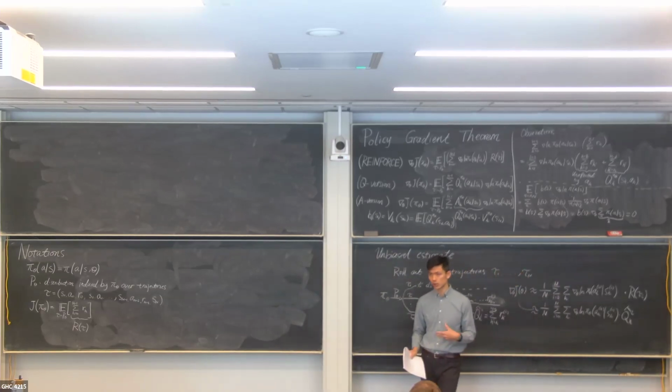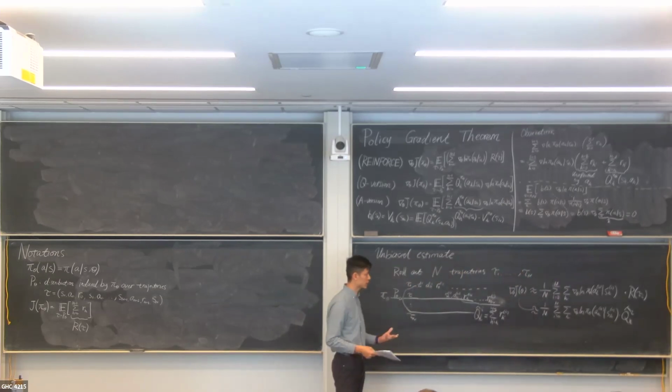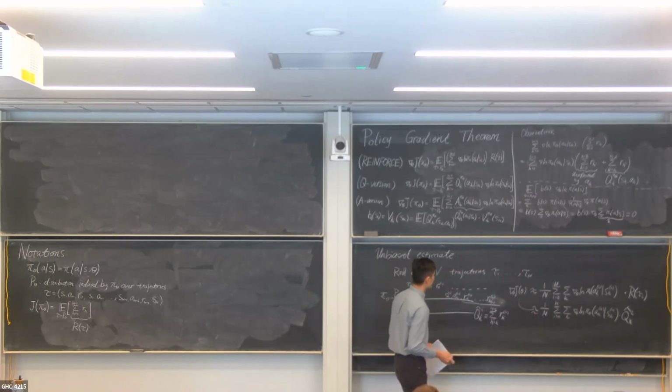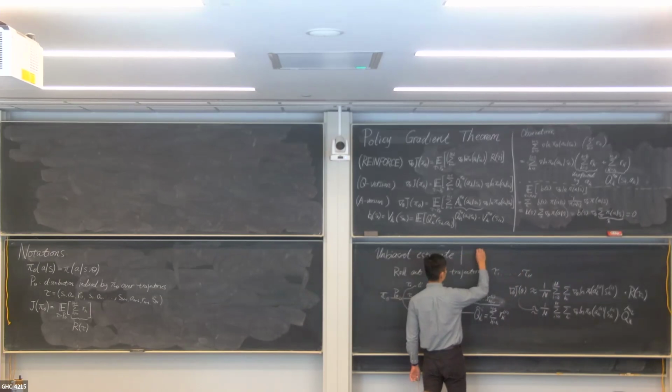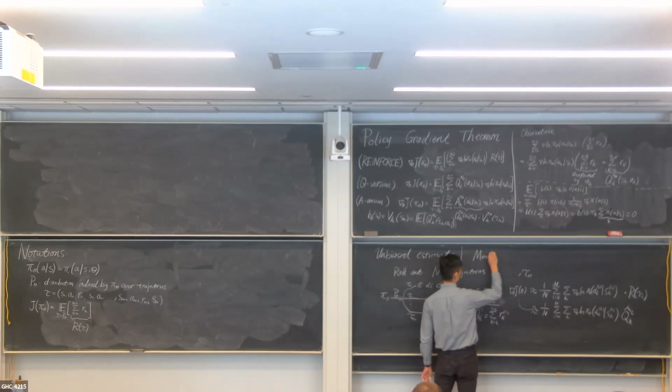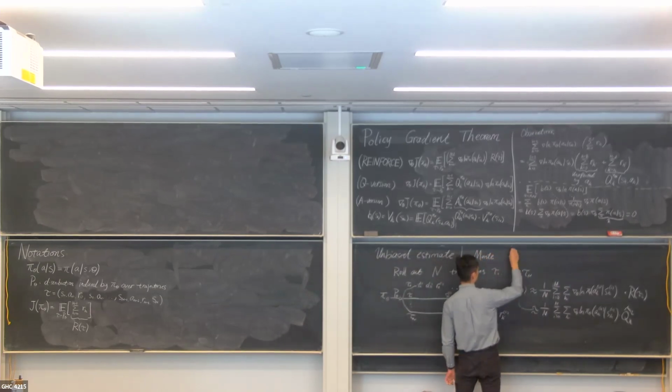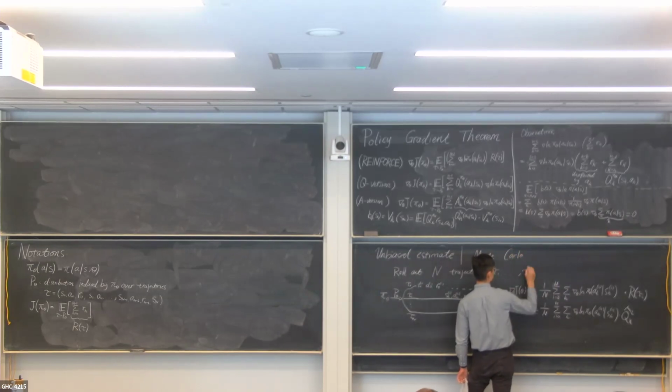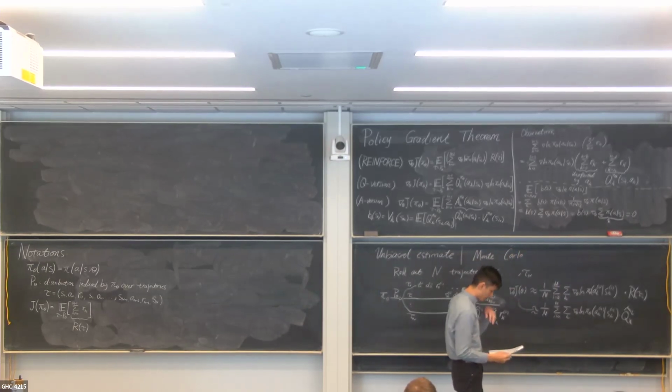You just roll out the trajectories, you get fresh estimates of all these quantities, and take averages. So far this is usually referred to as the Monte Carlo sampling methods.